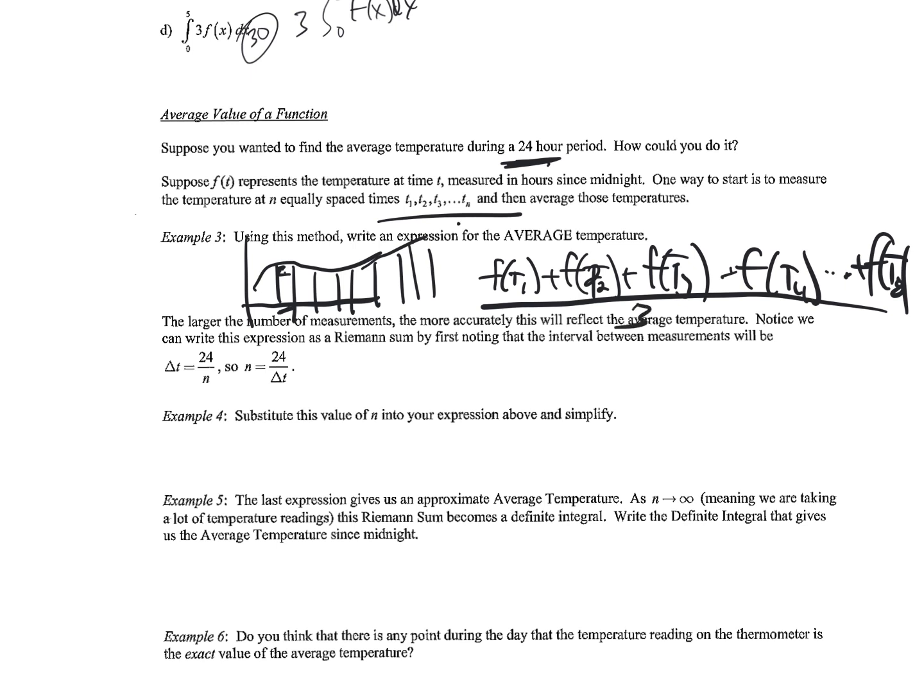Okay. And if we wanted to write that as a Riemann sum, what would that be? We'd take the limit as n goes to infinity of the sum, not the integral, of the sum from i equals 1 to n of f of x sub i times delta x.